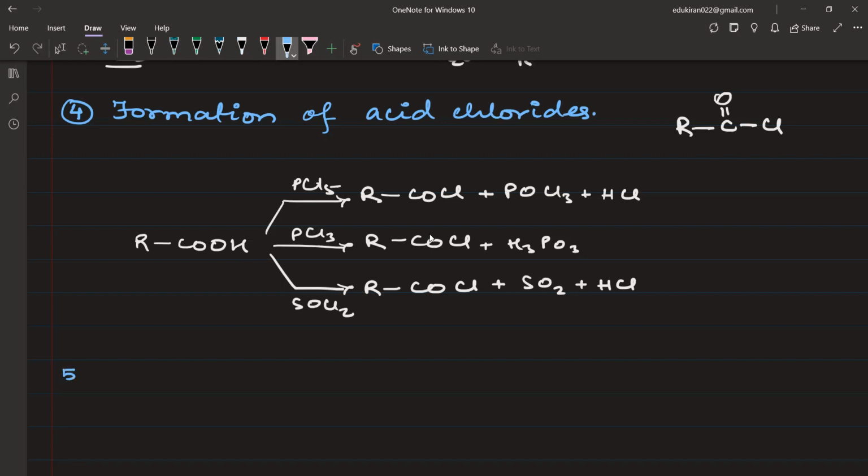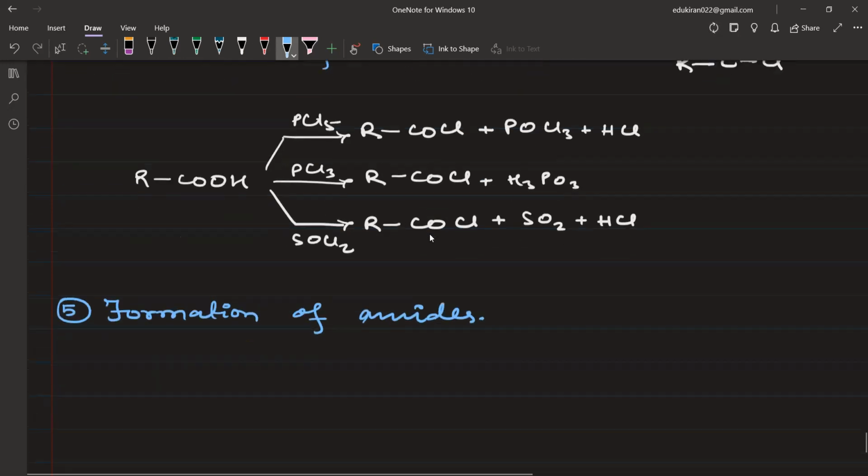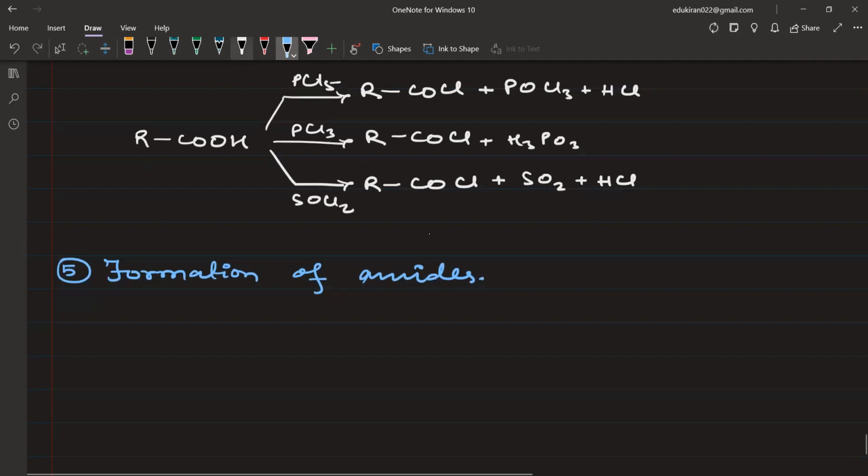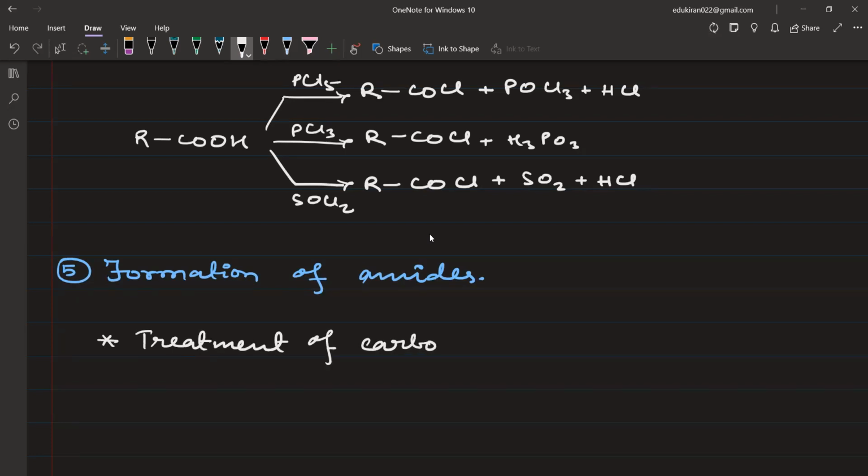The fifth reaction is formation of amides. Treatment of carboxylic acid with ammonia, NH3.